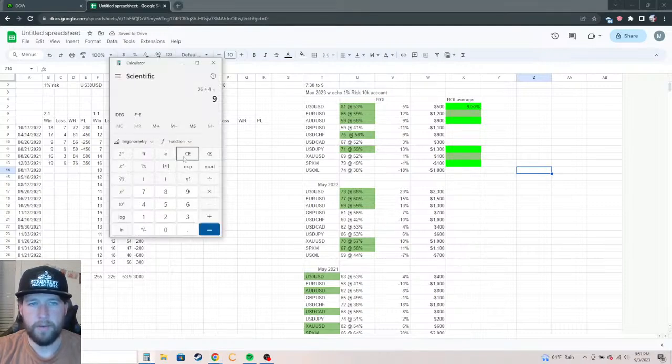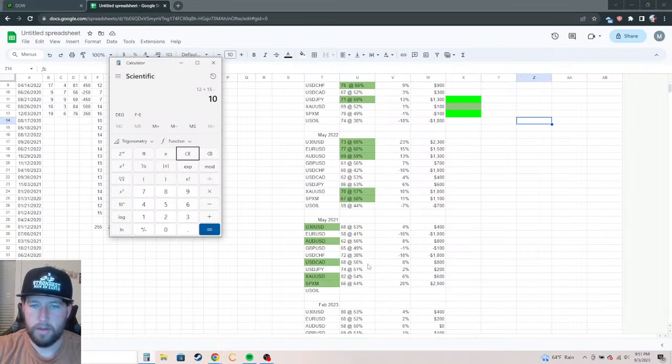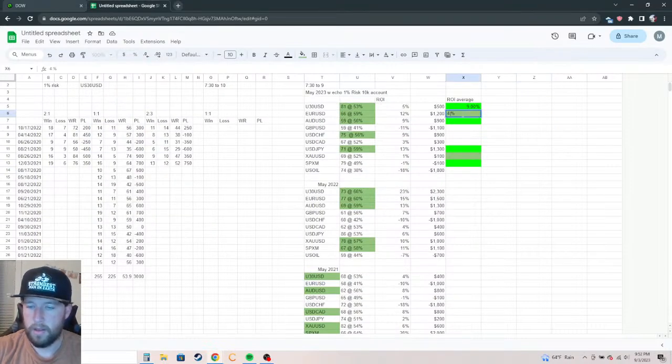Okay, same thing for the Euro now. 12 plus 15 minus 10 plus 2 equals, divide by 4, that is 4.75. Let's do the same thing for the Aussie US dollar.